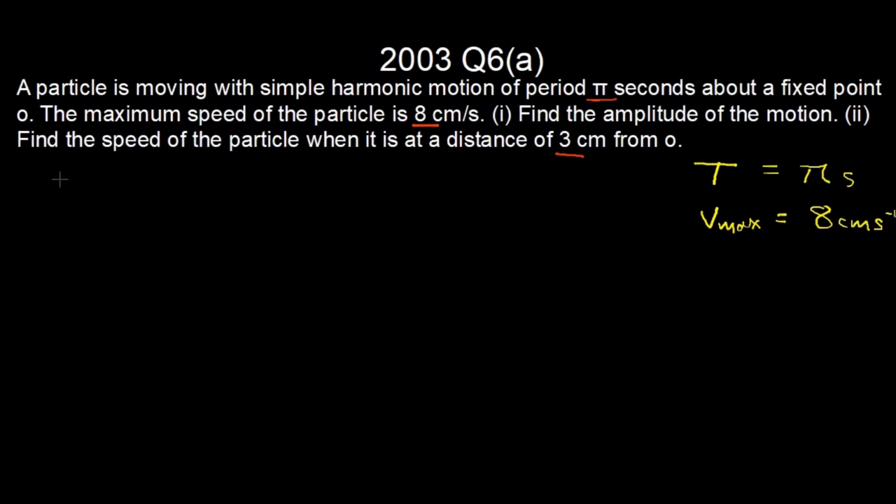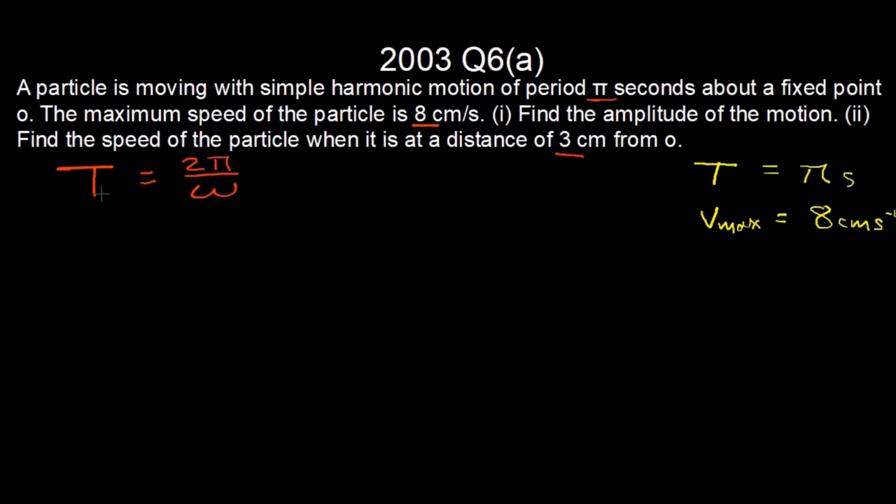To find the amplitude of the motion, I'm going to need the SHM formulae, which I gave in my previous video, so you need to look back at that if you need some of the formulae. The one I'm going to use is T is equal to 2 pi over omega.